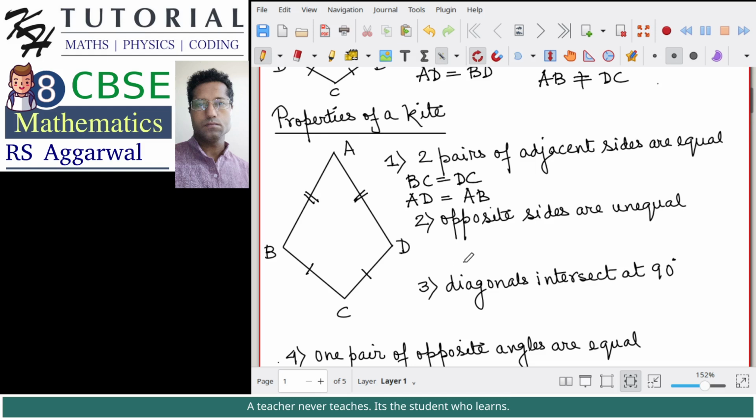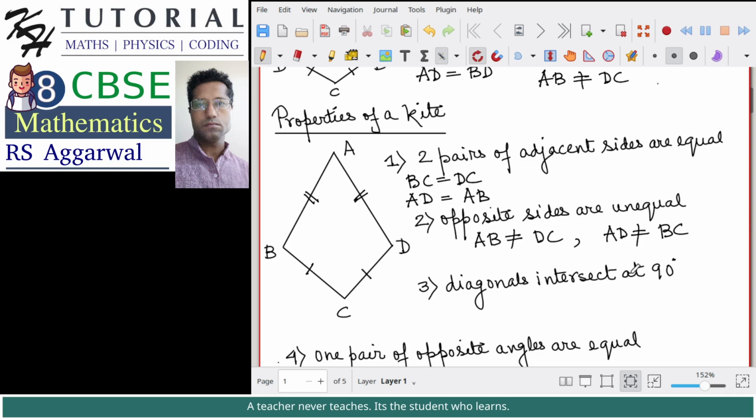Now the second property is that any two opposite sides are unequal. That is, we must have AB unequal to CD, as these are opposite sides, and also AD and BC are opposite sides and they must be unequal. So this is the second property.